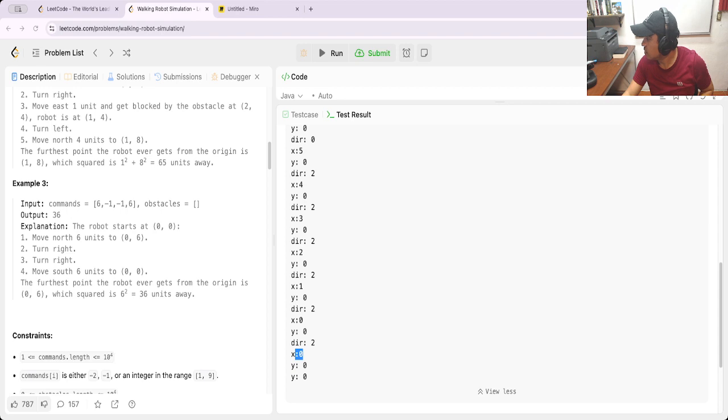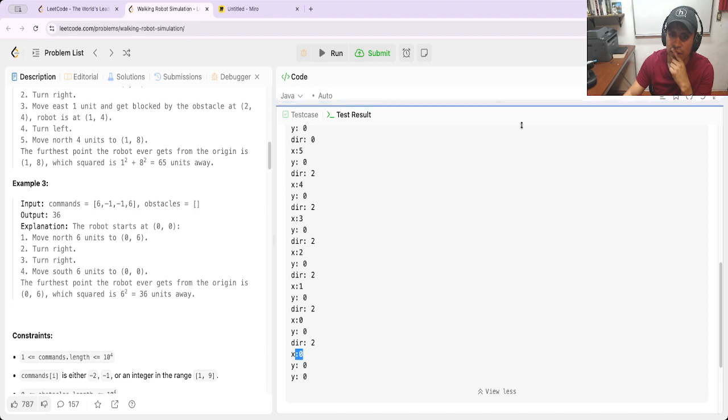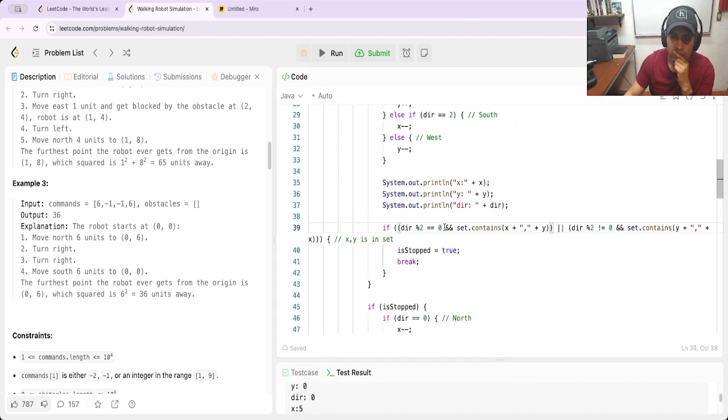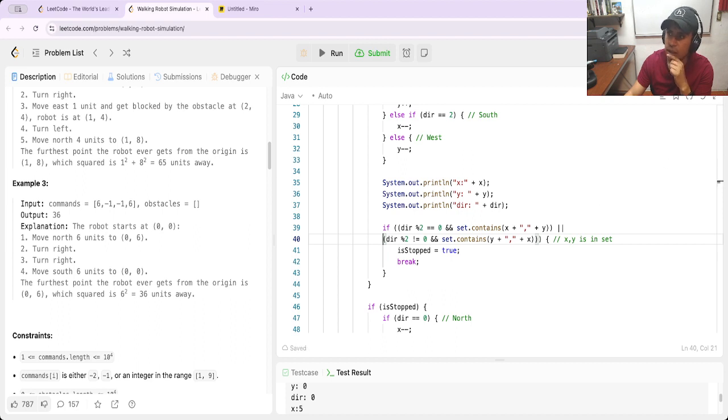But in the case your x is 6 and y is 0 in the positive way, but yeah, and I really don't know.